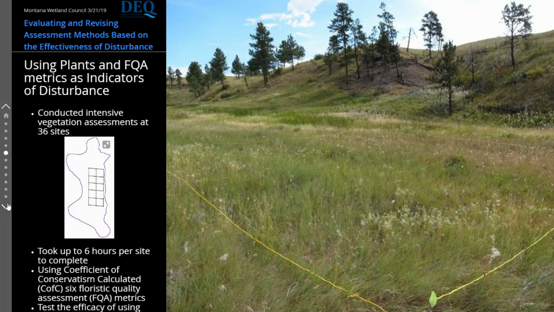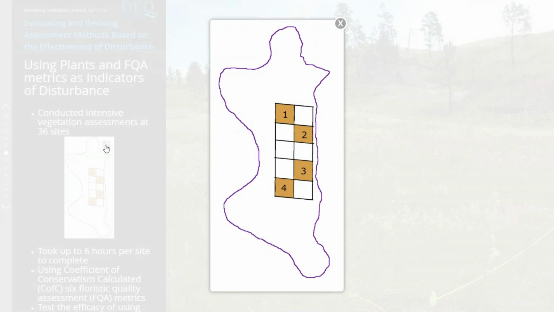So besides the observed disturbances and setting the disturbance gradient, we also wanted to look at plants and FQA metrics. As part of the intensive assessment at 25% of our sites, we conducted these intensive veg plots where we went out and sampled 4 10 by 10 meter plots and recorded every species present, its cover, its height, its stratum.